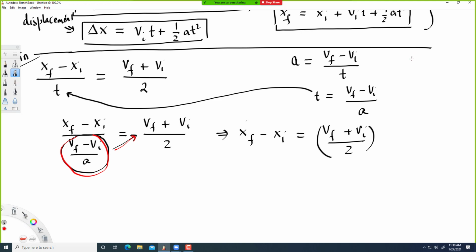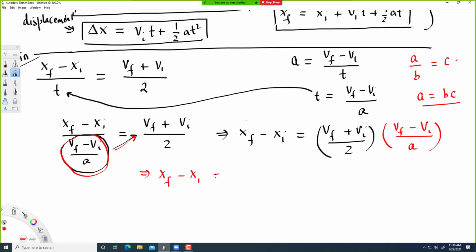So if you have an expression like this, you can write this as a is equal to b times c. That's what I'm going to do here. I'm going to take this to the right. So v final minus v initial over a. Okay, so x final minus x initial is equal to, so this is in the form of this formula.